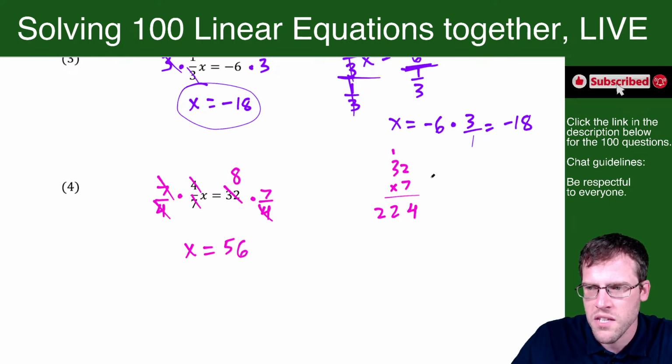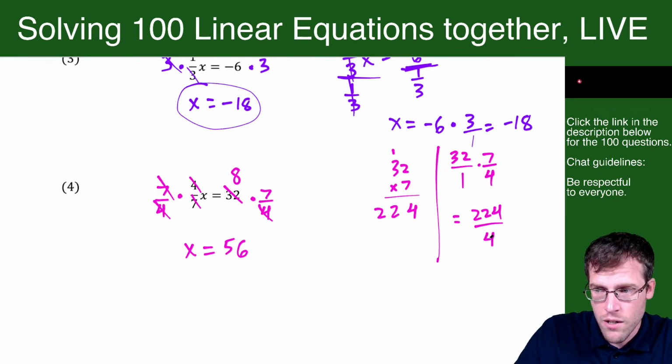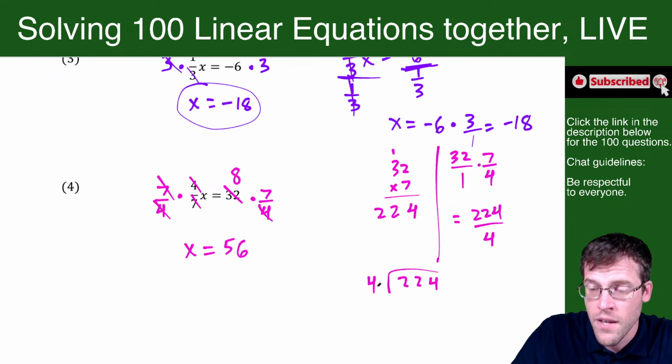Because if you do it the other way, once again, if you do 32 over 1 times 7 over 4 like this, I just separate this here. 32 times 7, we just saw, is 224. And then we divide by 4. This will work, but then you have to do, on the side, 224 divided by 4. And that's a lot of extra stuff to do. So then it goes in 5 times.